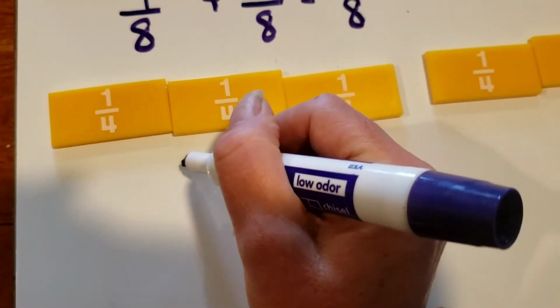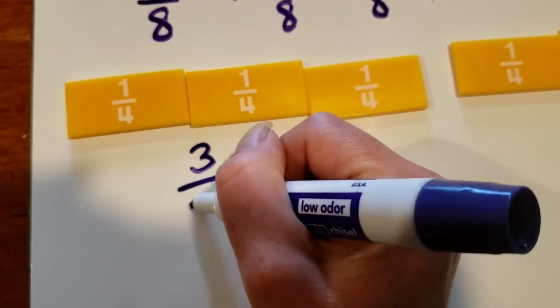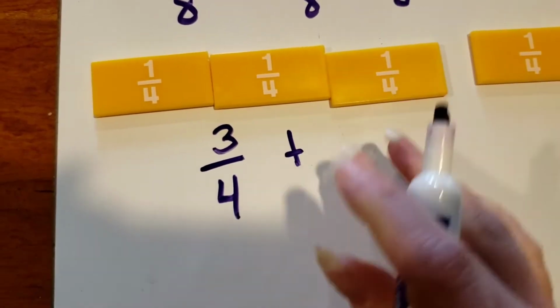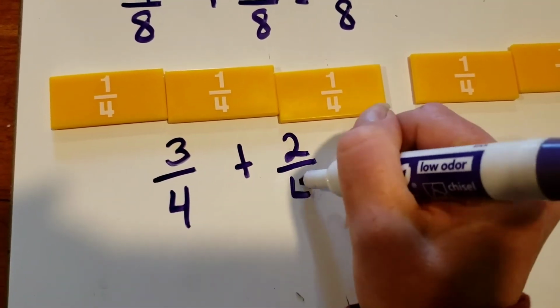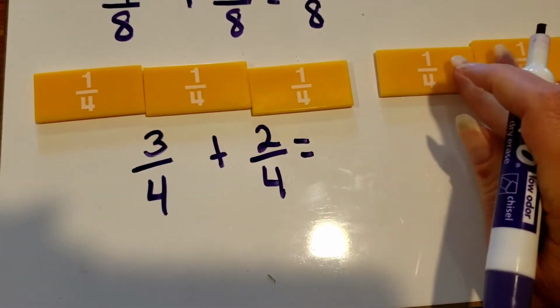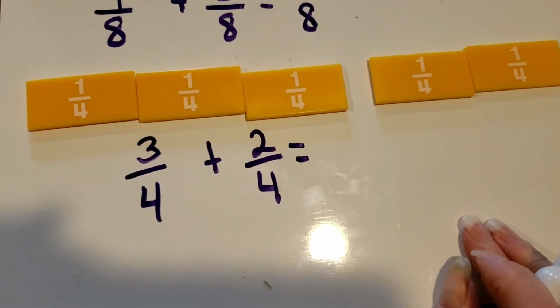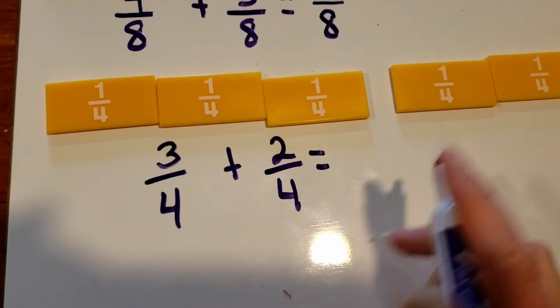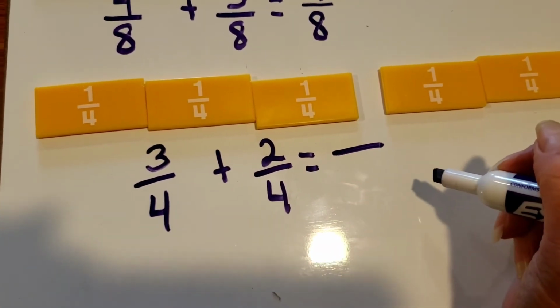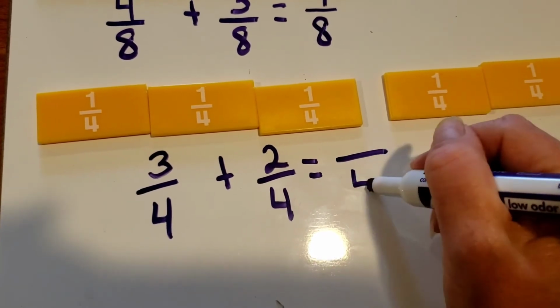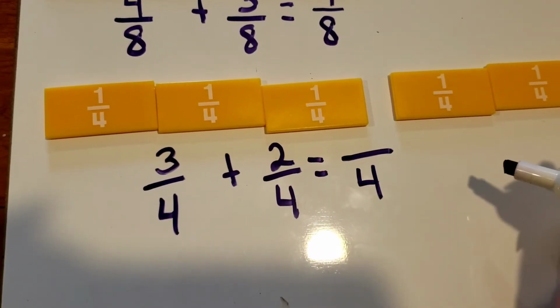So we have 3/4, and we're adding 2/4 to that. Now again, we have common denominators here. We have the number 4. The original whole was broken up into 4 equal parts. And I'm going to bring the 4 right over to my sum.